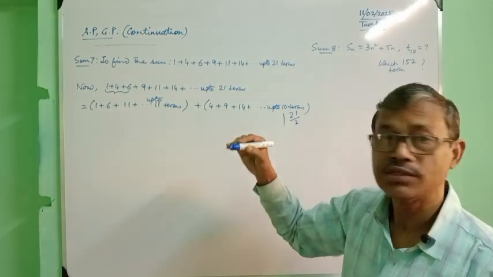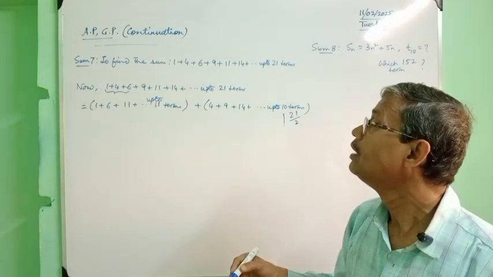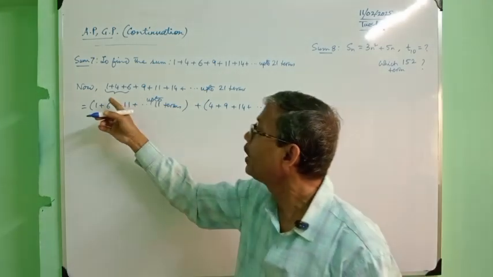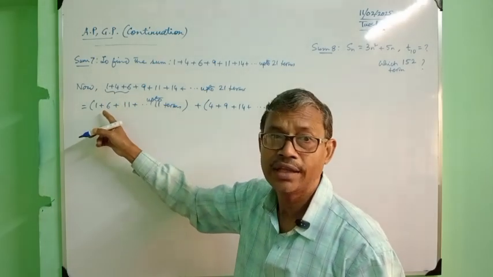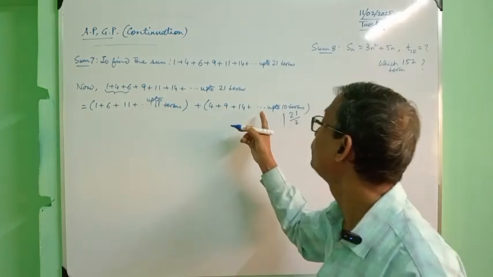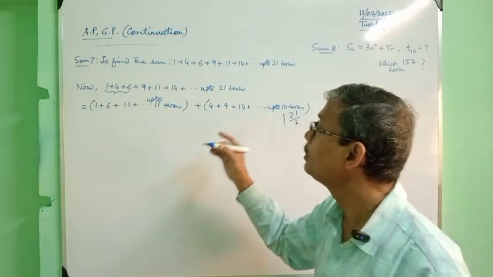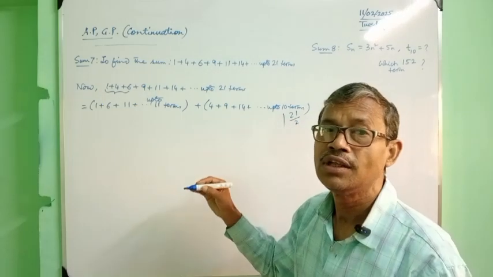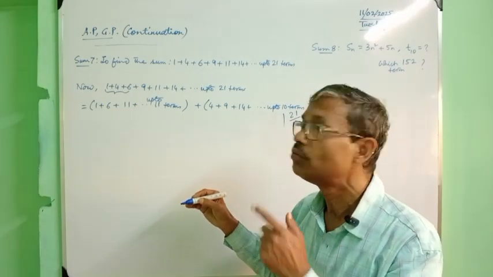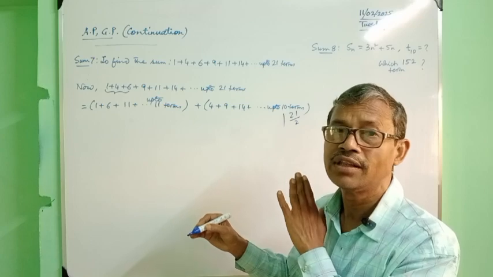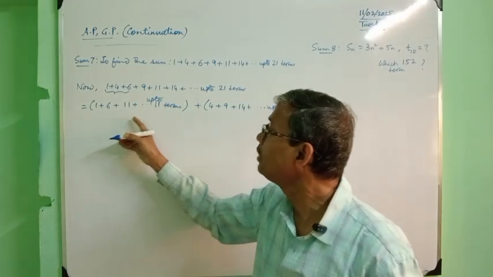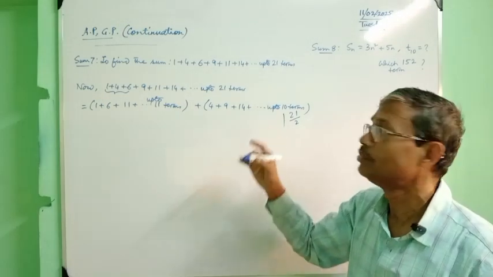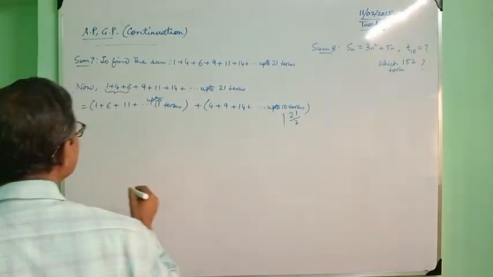That is why I have considered the least odd number, in this case 3. And what we find, first, third are in the first group, second one in the second group. That means if we take 3 successive numbers, 2 will be in the first group, 1 will be in the second. That means in the first group there will be one more term than the number of terms in the second group. That is why I have divided like this.